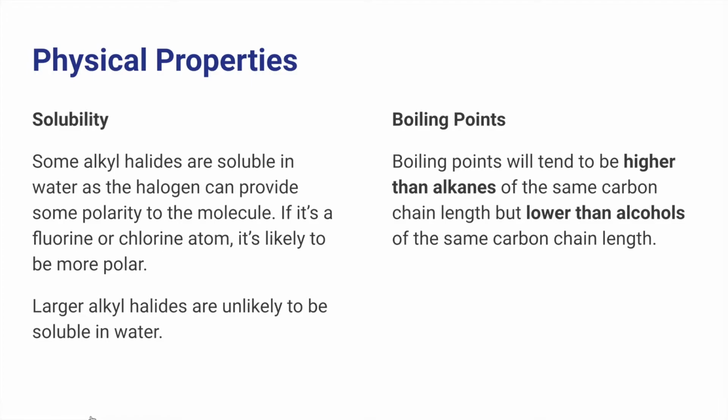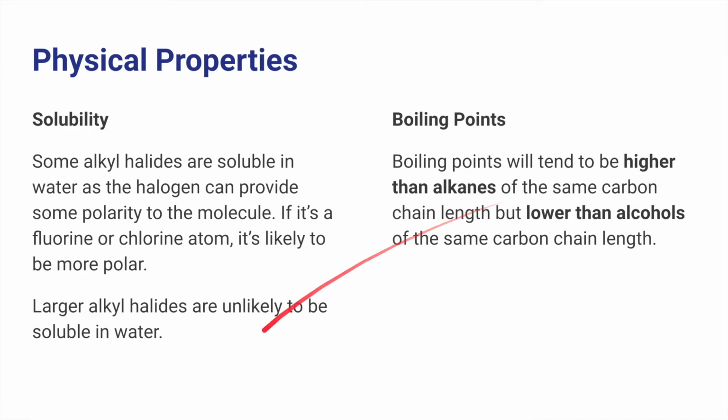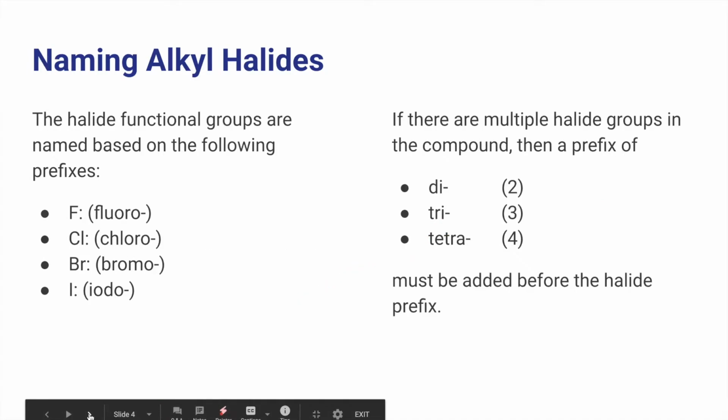It's going to be less than alcohols because alcohols will always be able to hydrogen bond, because every alcohol is going to have at least an oxygen in there somewhere bonded to carbon and bonded to hydrogen. So that creates the potential for hydrogen bonding, which the alkyl halides, with the exception of ones that contain fluorine, won't be able to have. So boiling points for the alkyl halides are somewhere between alkanes and alcohols of the same carbon chain length.